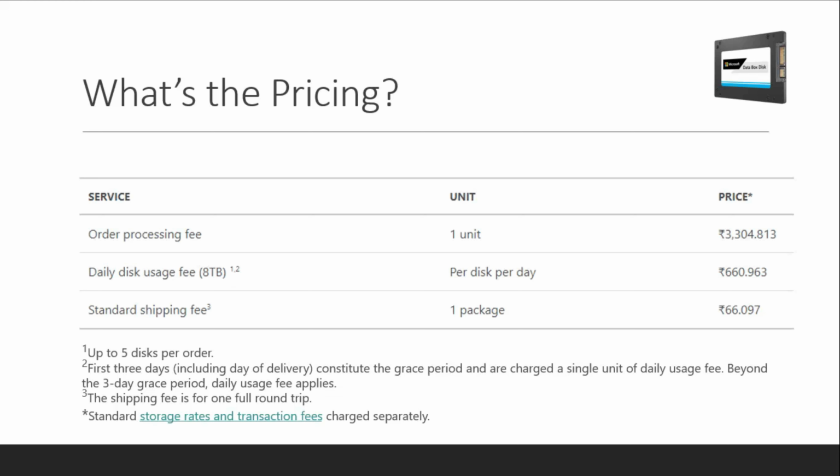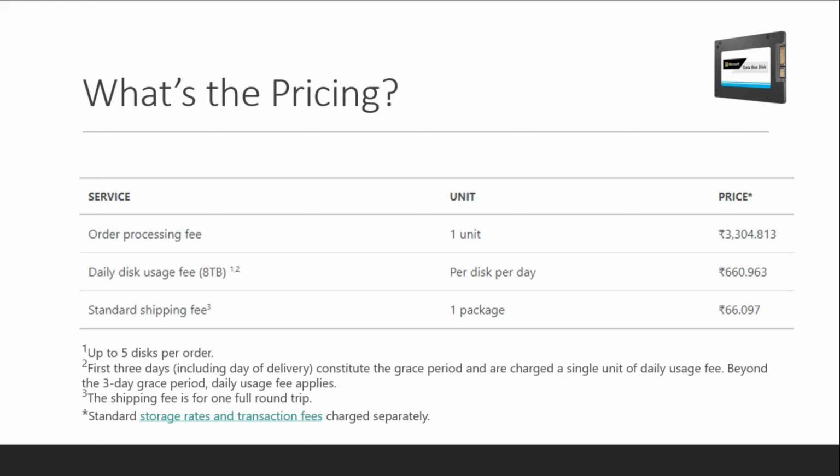It is something like this: the first 3 days, including the day of delivery, are considered as 1 day, and beyond that 3-day grace period, each and every day there would be a fee charged. And there is a standard shipping fee, which is for 1 full round trip. So this is about the pricing.